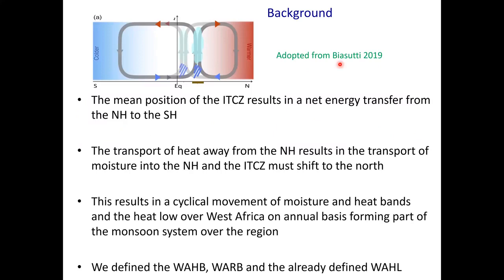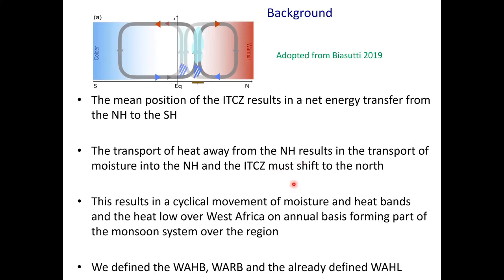According to Biasutti, the mean position of the ITCZ results in a net energy transfer from the northern hemisphere to the southern hemisphere when we look at this scheme. And this arrangement actually transports heat away from the northern hemisphere, resulting in a transport of moisture into the northern hemisphere, and the ITCZ must shift to the north for this to occur.